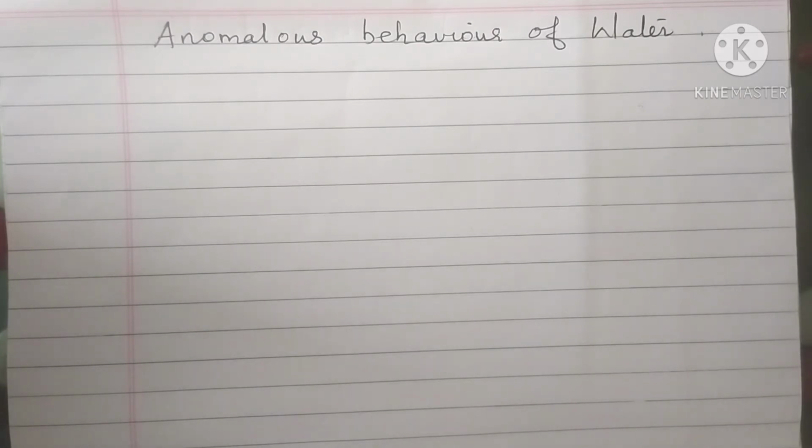So first of all, we have studied that solids, when heated, will start to expand, and when cooled they will start to contract, isn't it? Likewise, in the case of water also, the water will expand when it is heated and contract when it is cooled. Understood? But there is a change for this behavior, that is the expansion while heating and contraction while cooling.